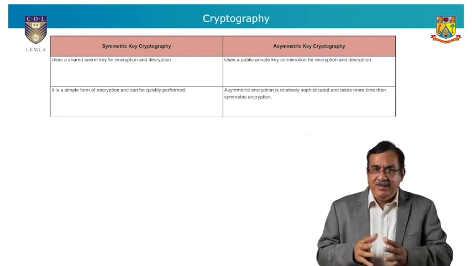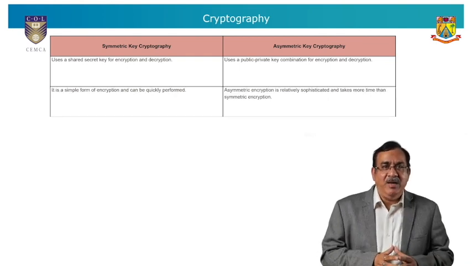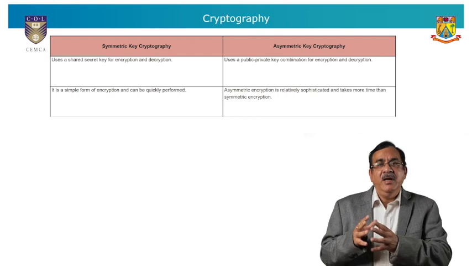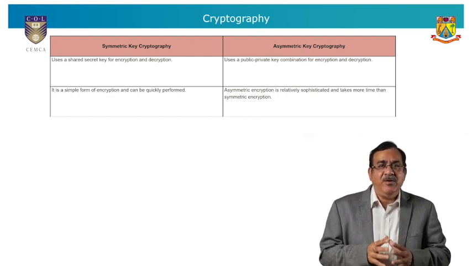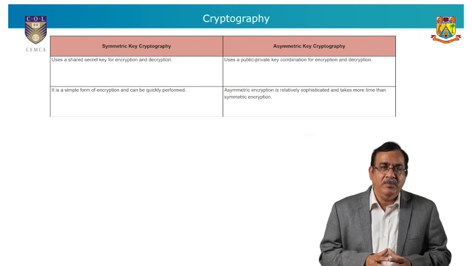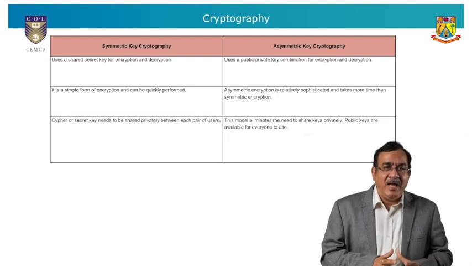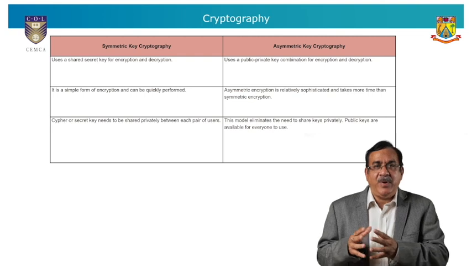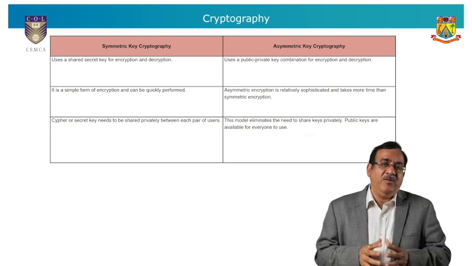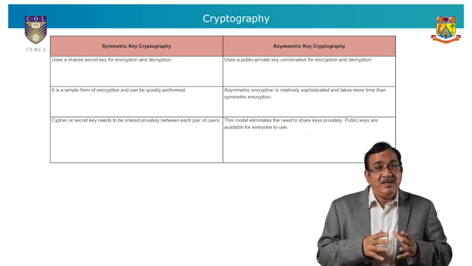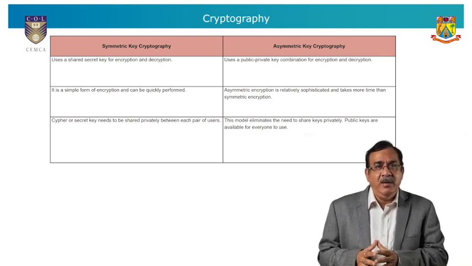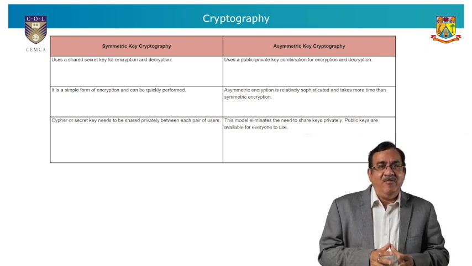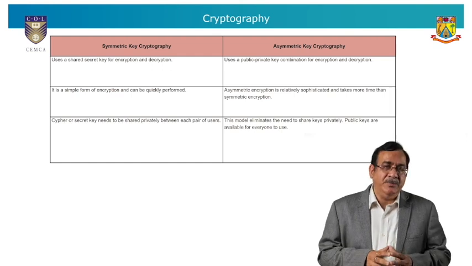Symmetric is simple and can be performed quickly, whereas asymmetric is relatively sophisticated and takes more time than symmetric encryption to perform. Symmetric requires the cipher or secret key to be shared privately between each pair of users, whereas the asymmetric model eliminates the need to share keys privately. Public keys are available for everyone to use.